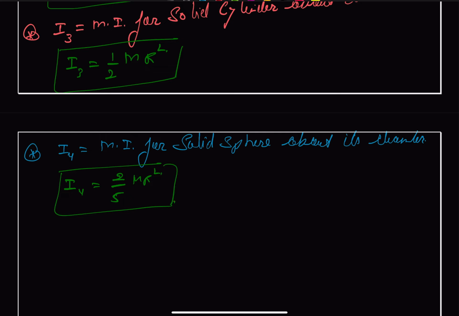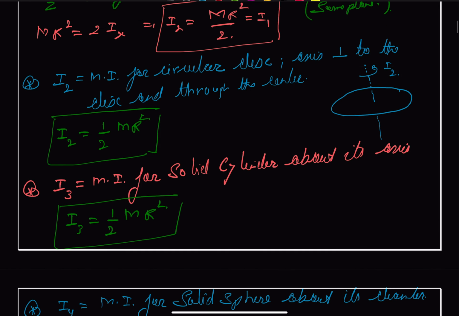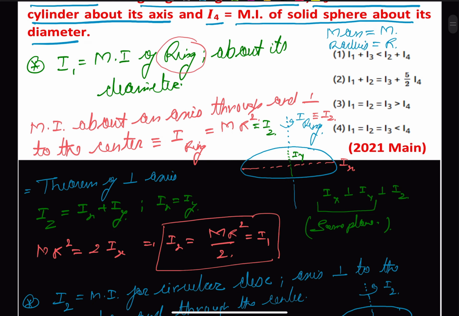And let us check all the options. So at least we can say that our I1, I2 and I3 are equal.